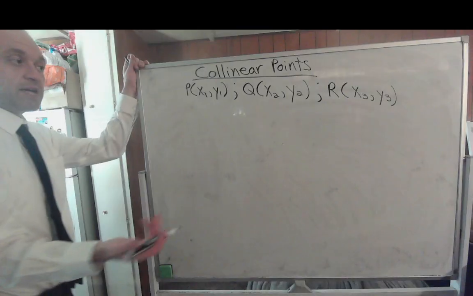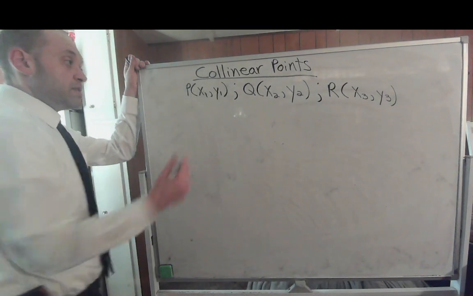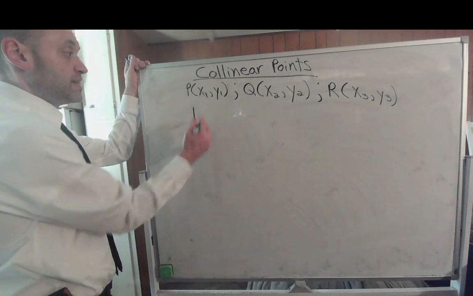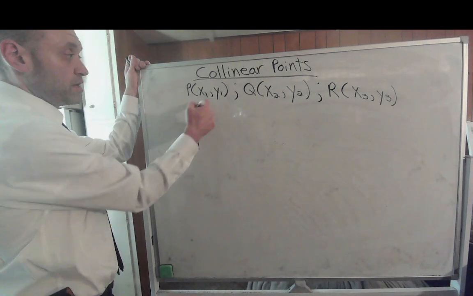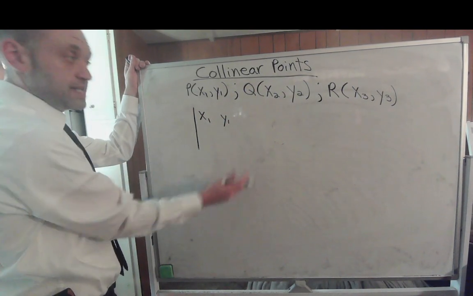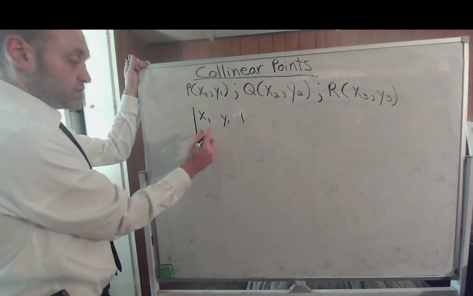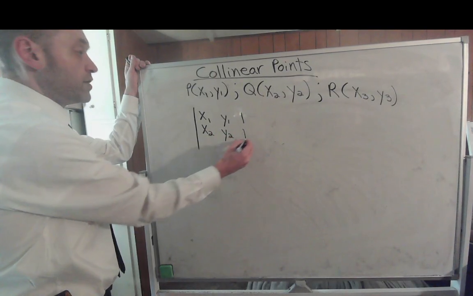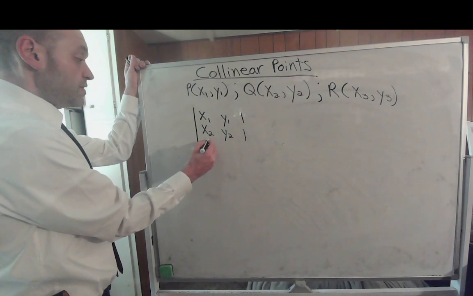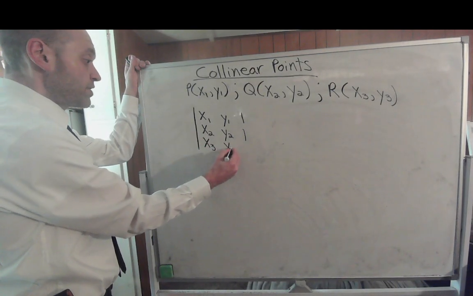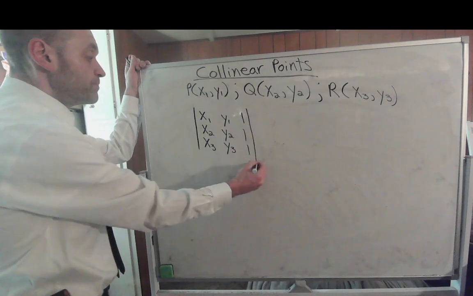Do they lie on the same line? The answer for that's actually quite easy. It's pretty similar to finding the area of a triangle. You'll set up in your first row your x1, y1 coordinate, then a default 1. Row 2 is your x2, y2 coordinate, then a default 1. And then row 3 is your x3, y3, then a default 1.